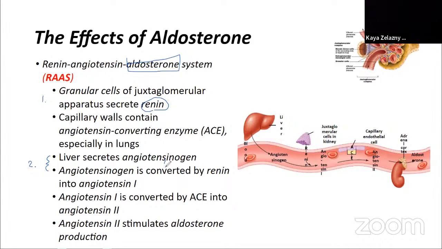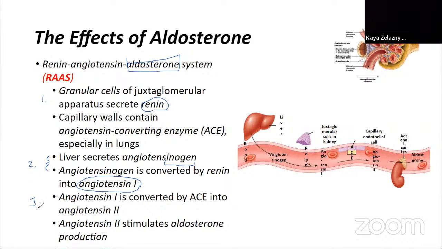When you saw this -ogen ending on some of our proteins when we were talking about clotting factors, you might remember that those were the ones that needed to be activated, so they weren't working yet. So the liver is making this molecule that gets converted into angiotensin 1. Renin converts this precursor molecule into angiotensin 1.